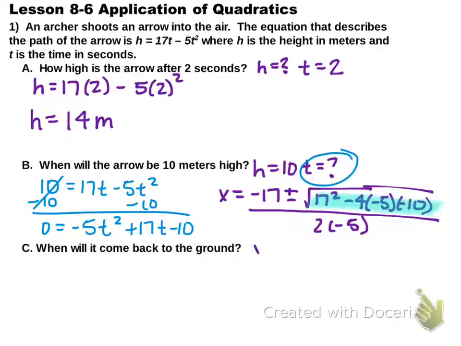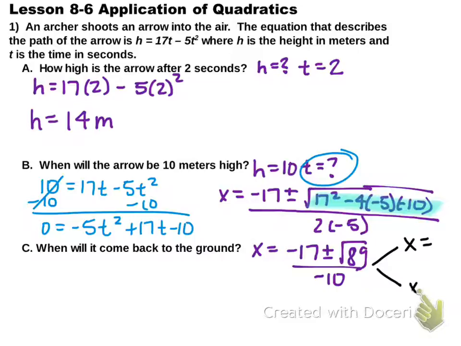So I'm left with x is equal to negative 17 plus or minus the square root of 89 divided by negative 10. And I'm just going to write my two solutions, plugging them into my calculator, one with plus and one with minus. So I end up with 0.75 and 2.64, with some rounding there.